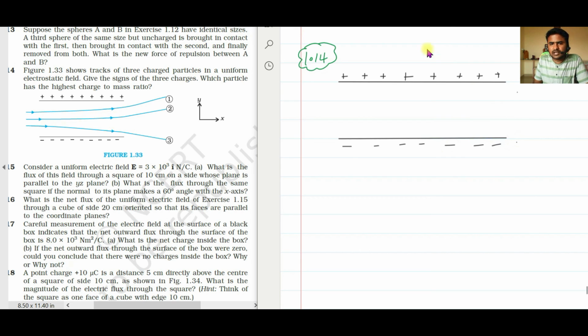Okay, so now if you draw this diagram, there is a uniform electrical field from the positively charged plate to the negatively charged plate. So in between these two plates there's going to be an electrical field, and now I'm projecting three particles. So these three particles are going like that.